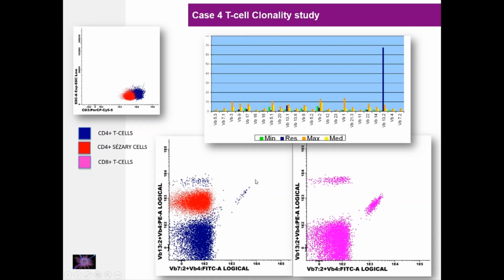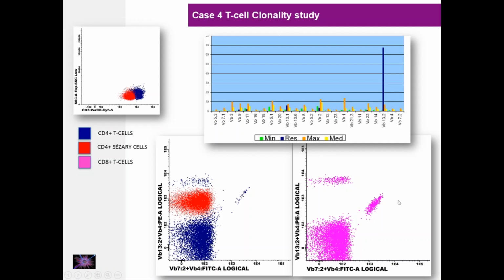This is the CD4 cells. And these CD4 cells are the red cells, the abnormal cells belong to the V beta 13.2 family, and the rest of the normal T cells is represented in here.